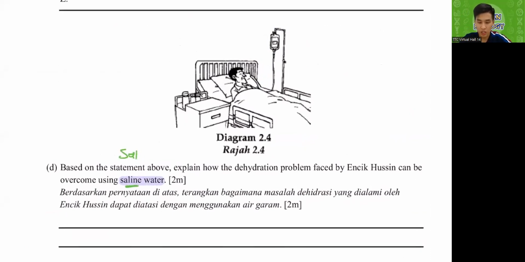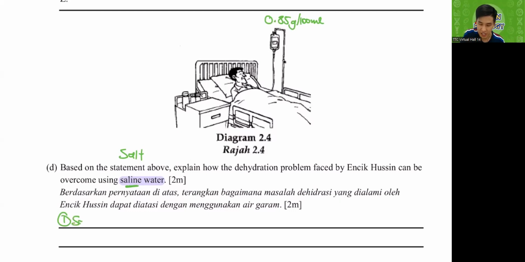This salt water that they are dripping in is actually the same concentration, isotonic, as your blood. You have exactly the same concentration, 0.85 gram per 100 ml, or we can say 0.85% of salt, because 1 gram equals 1 ml.